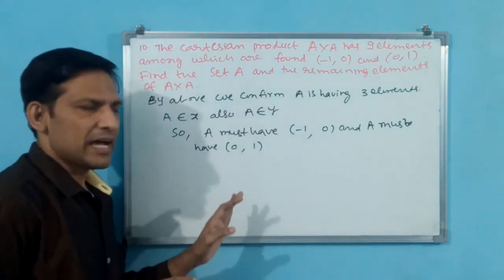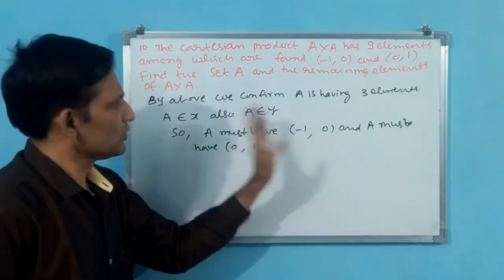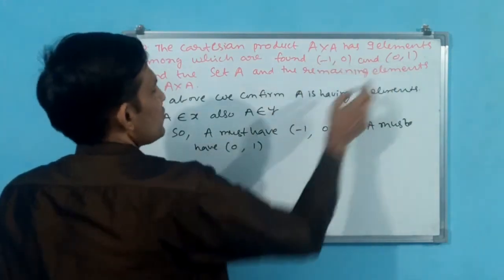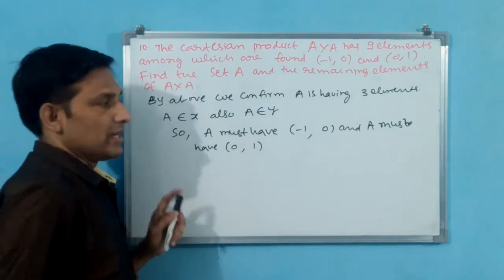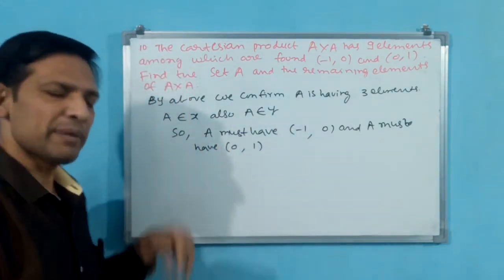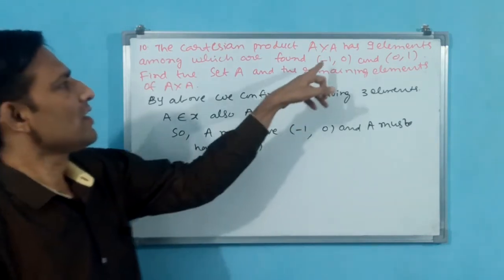I have not told that only 2, 3 should be there, but see, -1, 0, 1 in A. Here we are doing A cross A, first A, second A, we have taken elements. Both are the same, but logically we are giving the answer.